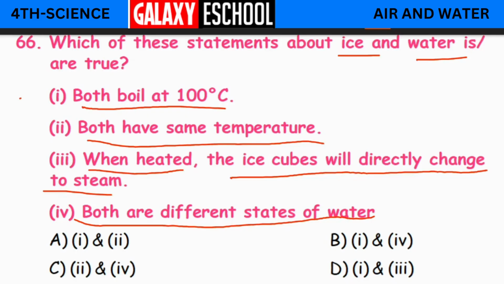And the answers are 1 and 4. That is, both boil at 100 degrees Celsius and both are different states of water. Okay, children. So B is the correct option.